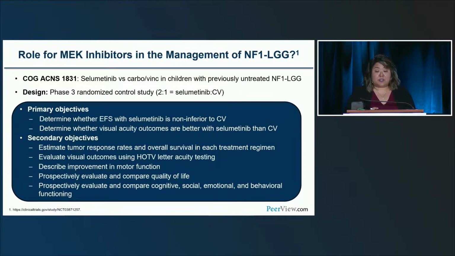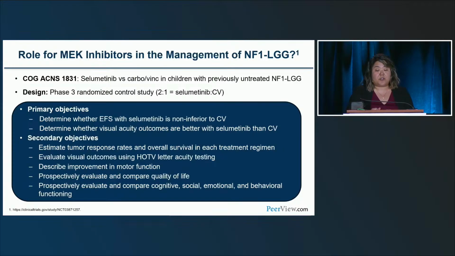So this led to the creation of the COG ACNS 1831 study, which is a head-to-head looking at selumetinib versus carboplatin vincristine in kids who had a previously untreated NF1 low-grade glioma. This is currently ongoing. It's a phase 3 randomized control study, has a 2-to-1 ratio of having selumetinib be the designated drug versus carboplatin vincristine.